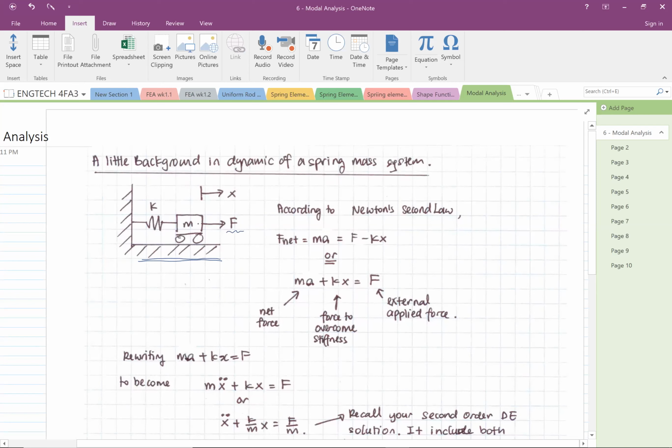What happens to that mass? It's going to bounce back to its original position, and then it won't stop there because the spring has some elasticity, right? So it bounces back, then it goes right again.